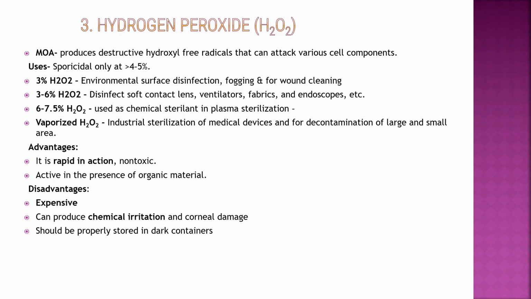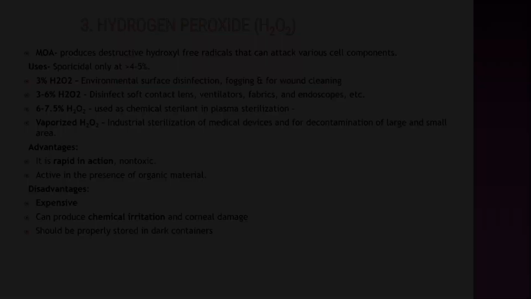Vaporized H2O2 is used in the industrial sterilization of medical devices and for decontamination of large and small areas. Advantages, rapid in action, non-toxic and active in the presence of organic material. Disadvantages, expensive, can cause chemical irritation, corneal damage, and should be stored properly in dark containers.